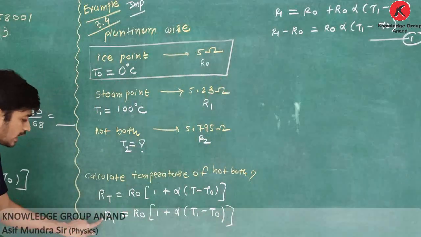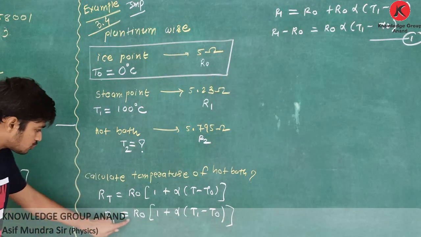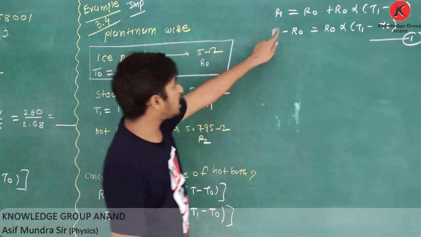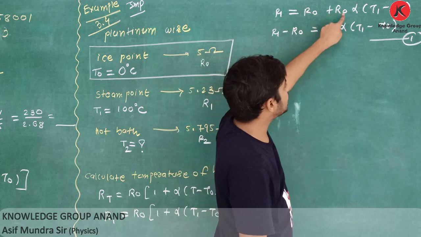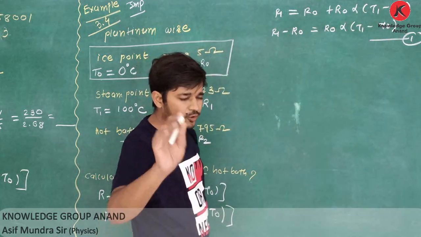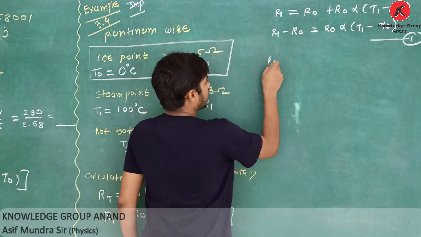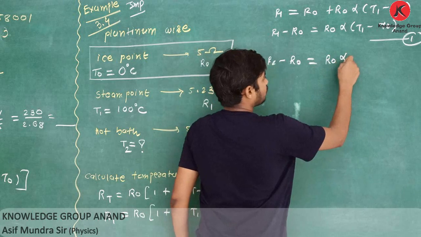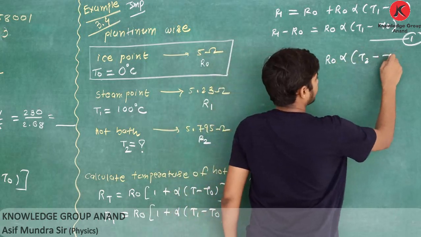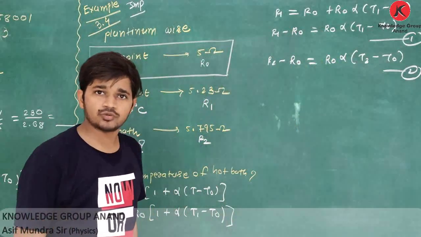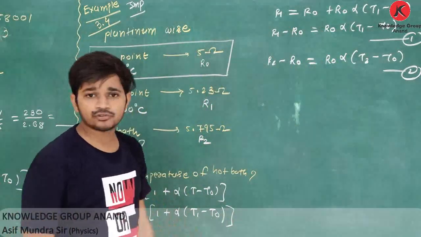Now you can also write the equation of R2. R2 is equal to R0 into 1 plus alpha into T2 minus T0. So R2 is equal to R0 plus R0 alpha into T2 minus T0. I am writing the equation directly, and you also have to write the direct equation. Okay, R2 minus R0 is equal to R0 alpha into T2 minus T0. Clear about this? Now take the ratio of these two equations.